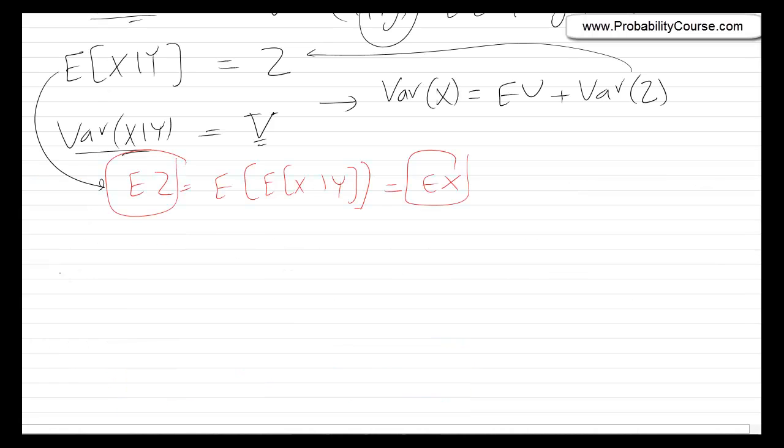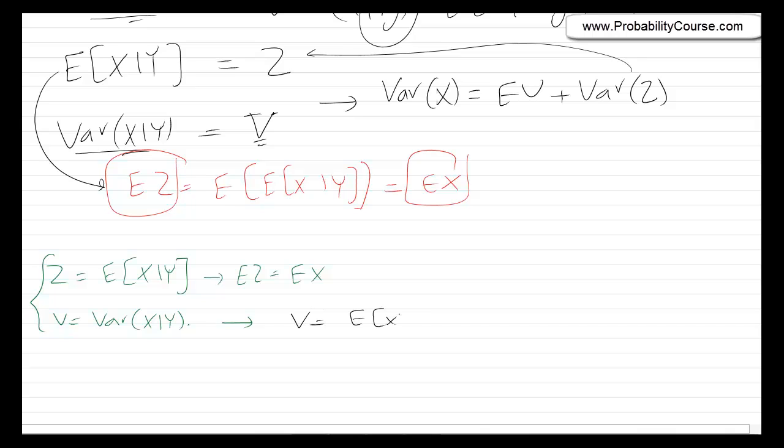So let me just rewrite things in a nice way. z is equal to the expected value of x given y, and we know that the expected value of z is equal to the expected value of x, and v is equal to the variance of x given y. So z and v are two random variables. Now, note that I can write v as the expected value of x squared given y minus the square of E[x given y].